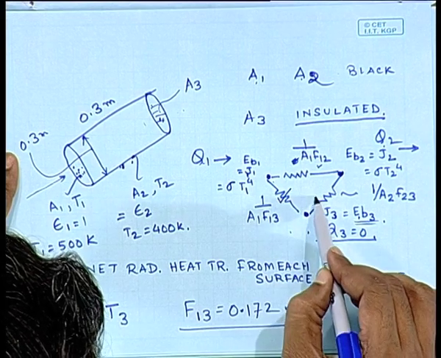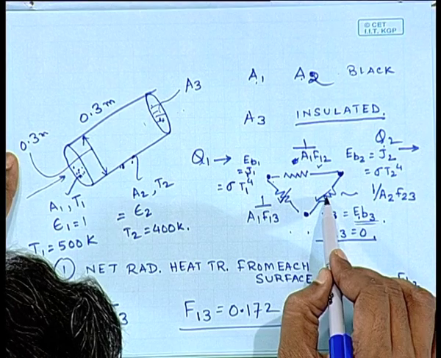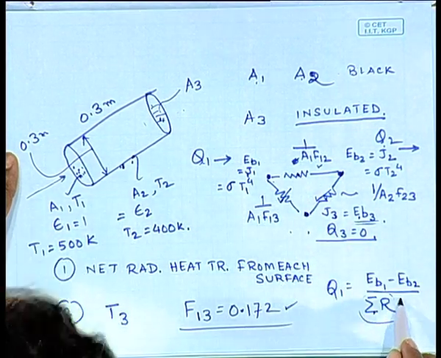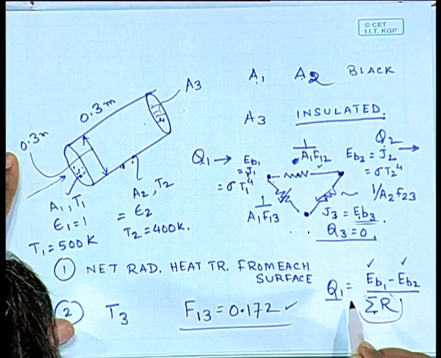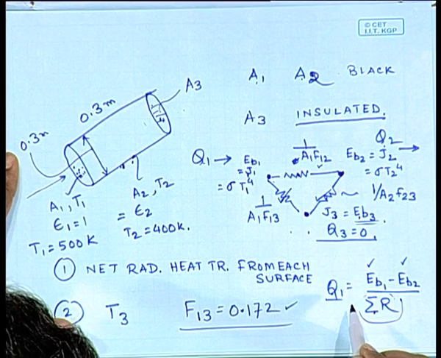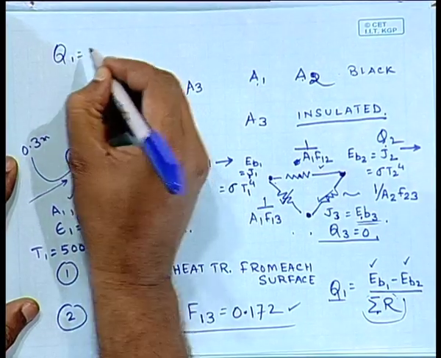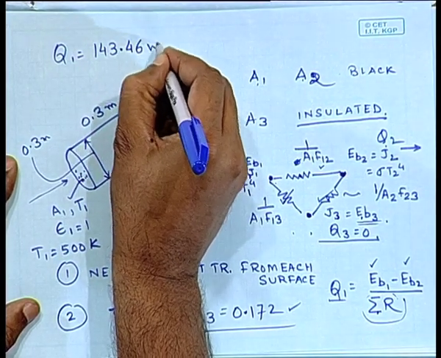So this one and this one are going to be in series, and the sum of these 2 is in parallel with this one. So you find out what is the equivalent resistance. You already know the numerical value of Eb1 and Eb2. You find out what is Q1. Now once you have Q1, the value of Q1 will be equal to 143.46 watt.